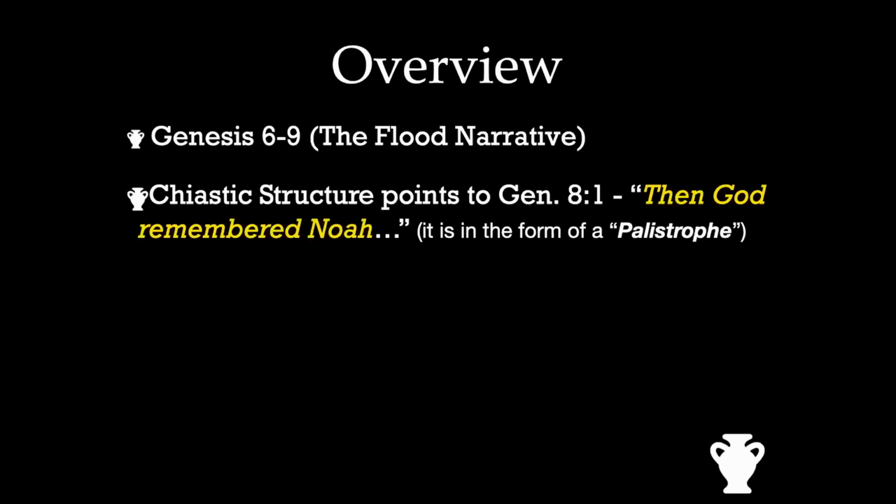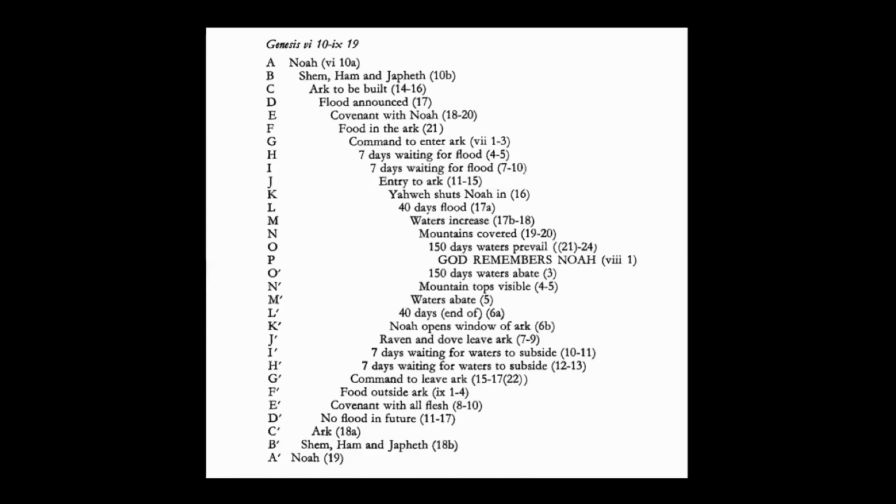And one other thing about the flood is the actual structure of the biblical account as well. Its form is a chiasm, or a palistrophe. In other words, it's an ABA structure in which the entire flood narrative points to Genesis 8:1. This is what it looks like. So you've got kind of a bookend scenario here.